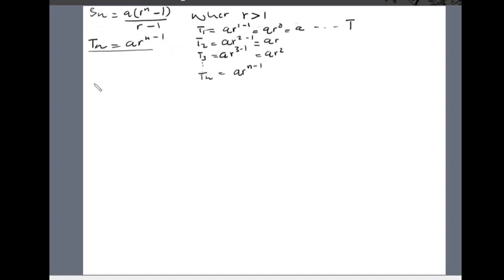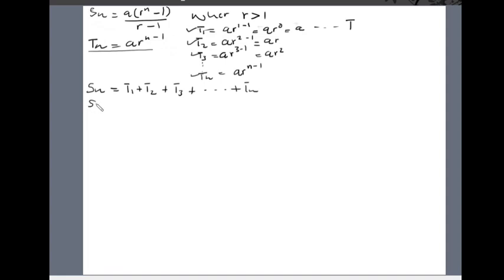We know that by definition Sn is the sum of the individual terms of a sequence. So in this case, Sn will be equal to T1 plus T2 plus T3 all the way to Tn, right? So this is by definition. Because we're dealing with the terms of a geometric sequence, we have calculated T1, T2, T3 all the way to Tn, so we can simply substitute those terms in the formula for Sn, right?